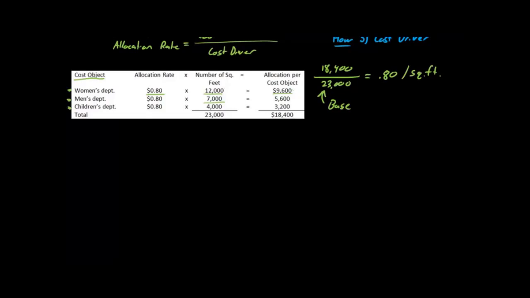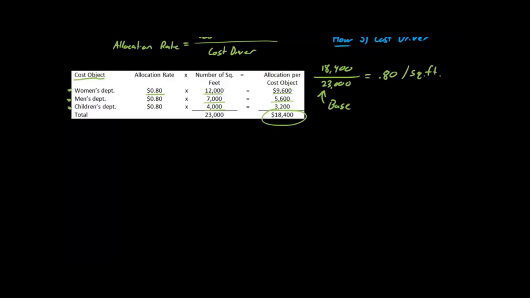The men's department takes up 7,000 square feet, so 80 cents times 7,000, we're going to allocate $5,600 of the total rental fee to the men's department. And for the children's department, it would be 80 cents times 4,000, which gives us $3,200 for the children's department.